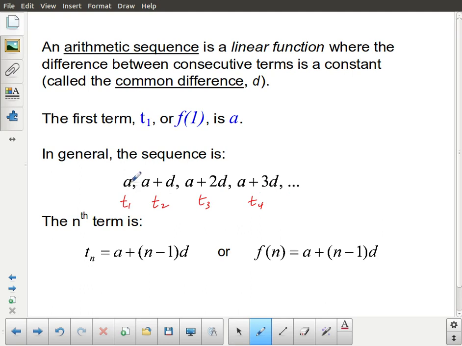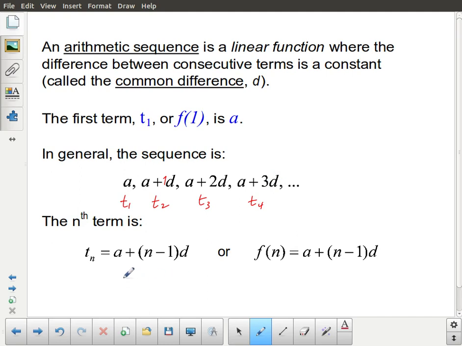So notice the first term is just the a value, whatever your starting constant is. The second term requires you to have one of the common differences added in. The third term requires two common differences. The fourth term requires three common differences. So notice that the number of additions or subtractions that are coming in here, the number of extra common differences, is always one less than the term number.